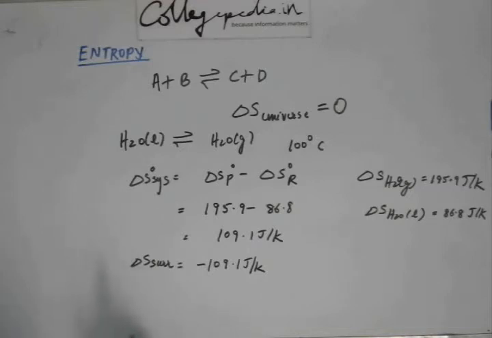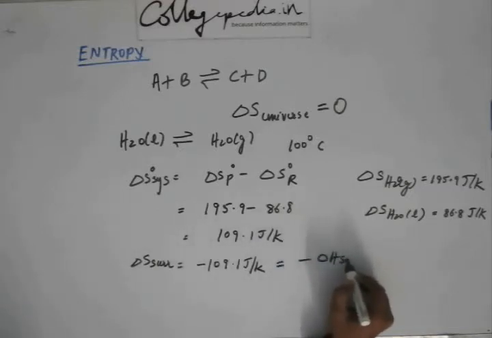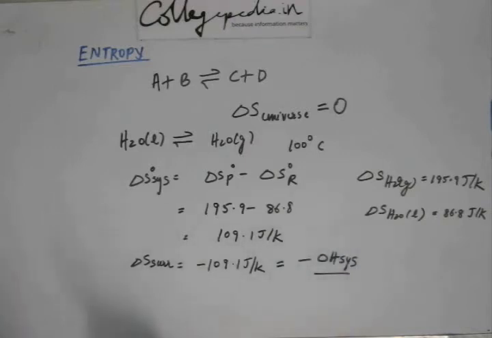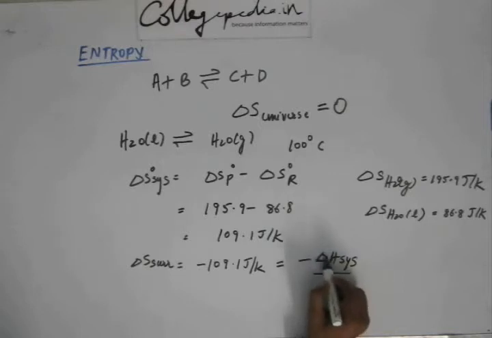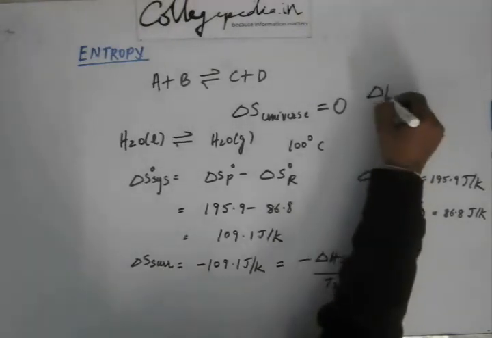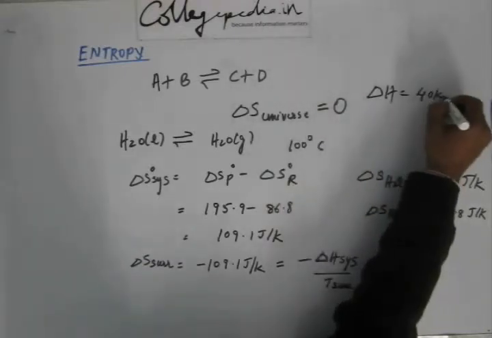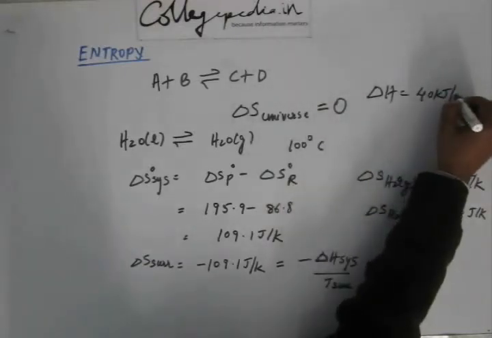Now this can be verified by the data of delta H of system, because as we have discussed previously, that delta S of surrounding is equal to minus delta H of system by T of surrounding. Now delta H of system in this case has been provided as delta H for this reaction is equal to 40 kilojoule per mole.